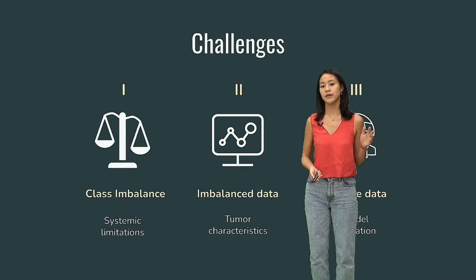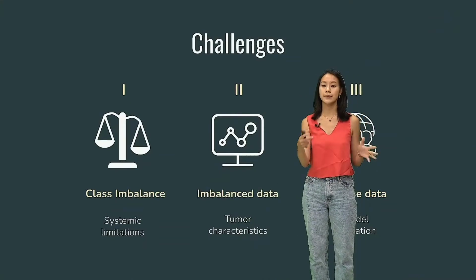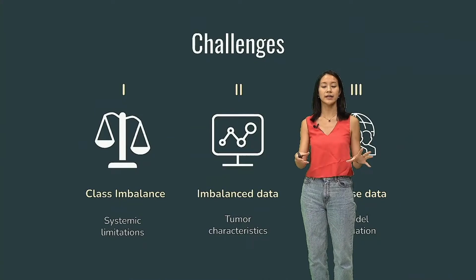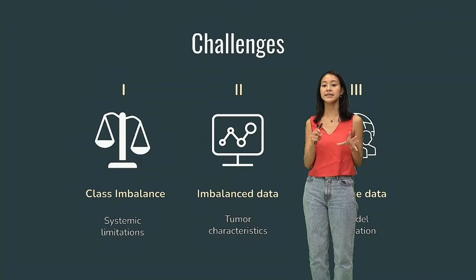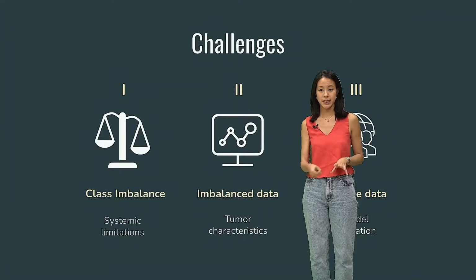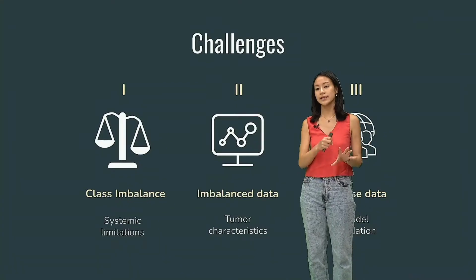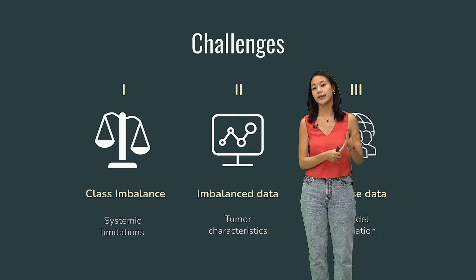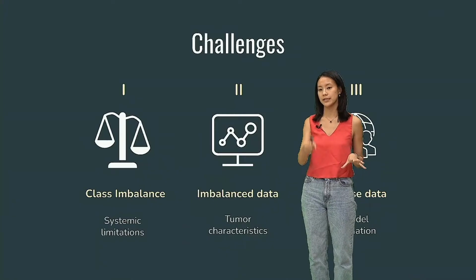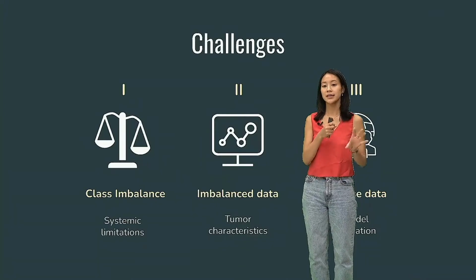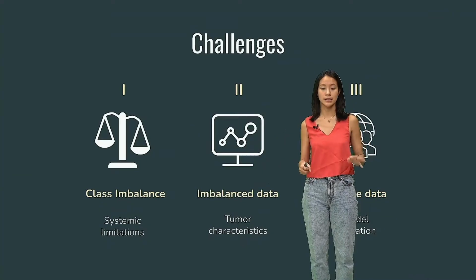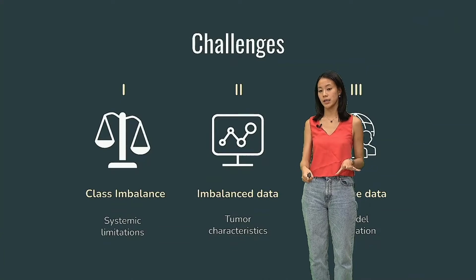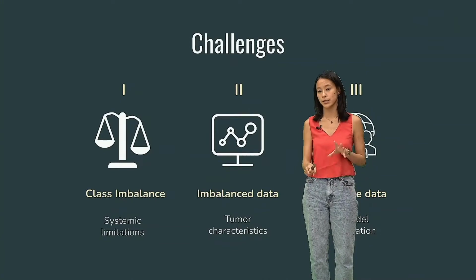If I had to quickly summarize, if you had two things in this image, for example, non-tumor and tumor, the space that you have for non-tumors is going to be a lot more than the space that you have for tumors. Or the data points that you have for non-tumors are going to be a lot more than the data points that you have for tumors. This, as a result, creates some sort of class imbalance, because you have two classes, tumor and non-tumor, and there's an imbalance because of the numbers that you actually have for each of them.